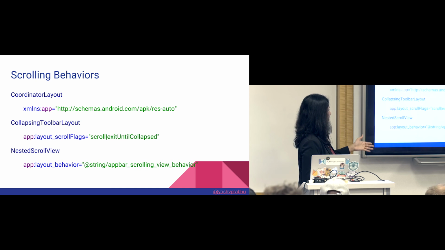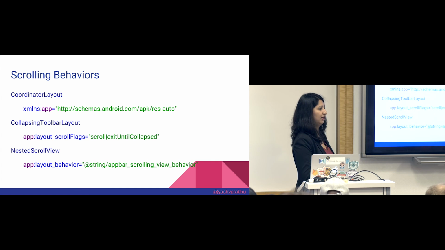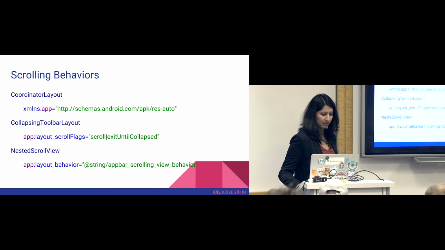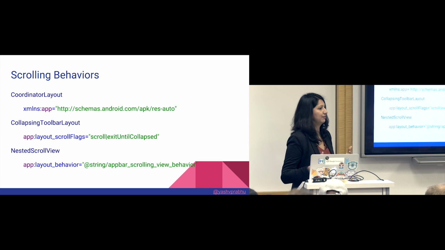So give it this layout behavior property, the string app bar scrolling view behavior. And when you scroll on the nested scroll view, the collapsing toolbar layout knows that it has to collapse the image into the toolbar. So all of this looks extremely complicated when you first implement it, but all of this can be done in XML.